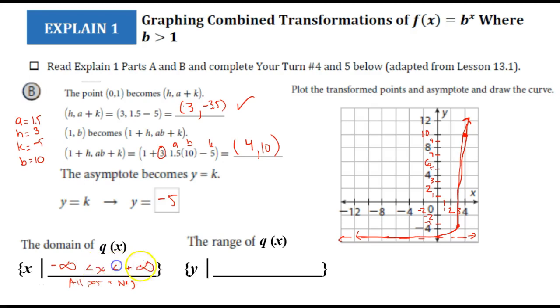Now for our y value, we see that we can have any y value that's positive and even a couple of negative values here. However, all the y values are greater than the lowest value, which tends to be our asymptote, which in this case was -5.